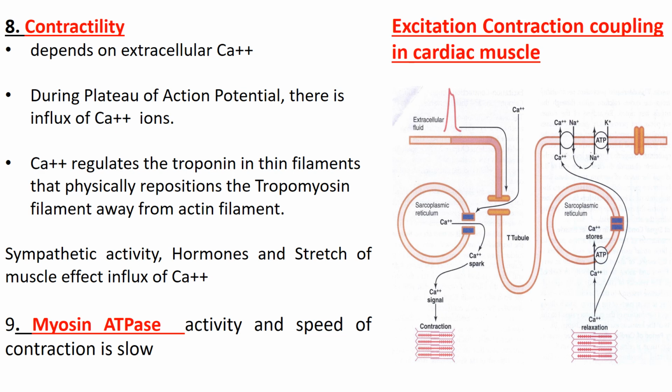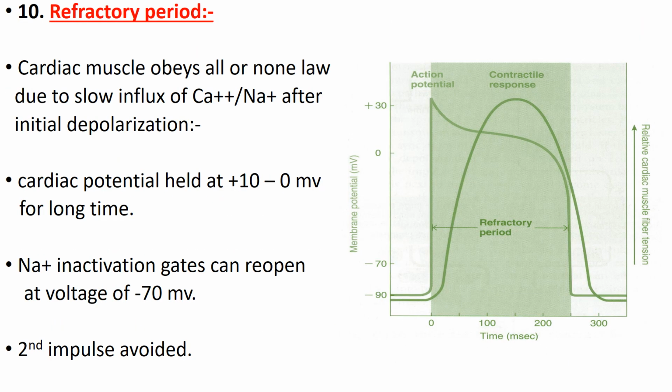The ninth property is that the speed of contraction of the cardiac muscle is a little slow as compared to the skeletal muscle. The next property of the cardiac muscle is its long refractory period.